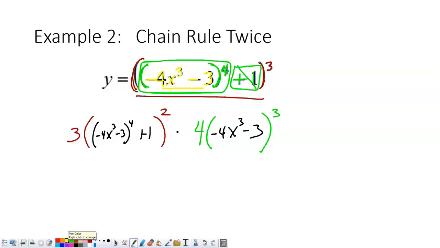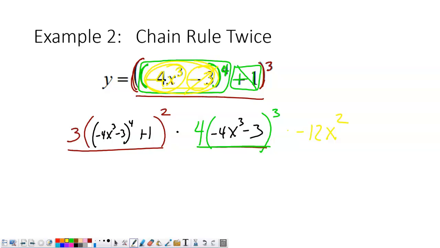So now we've got the derivative of the shell, the derivative of the egg whites, and what's last is the derivative of the yolk, okay? And that's this piece in here. So what's the derivative of that? Well, we do the power rule here. That's going to be negative 12x squared. And when you take the derivative of a constant, that negative 3 just goes away.